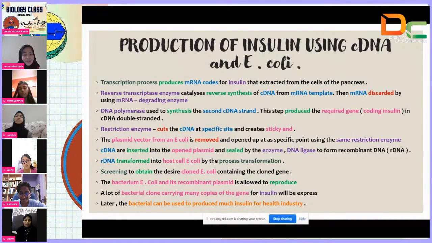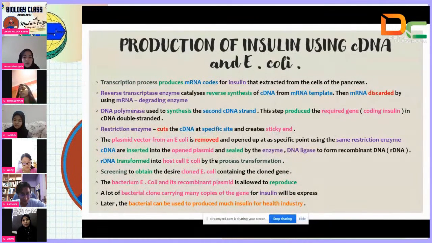The production of insulin using cDNA and E. coli. First, the transcription process will produce mRNA coding for insulin that is extracted from pancreas cells. Reverse transcriptase enzyme catalyzes reverse synthesis of cDNA from the mRNA template. Then the mRNA template will be discarded by using mRNA degrading enzyme. And then DNA polymerase is used to synthesize the second cDNA strand.